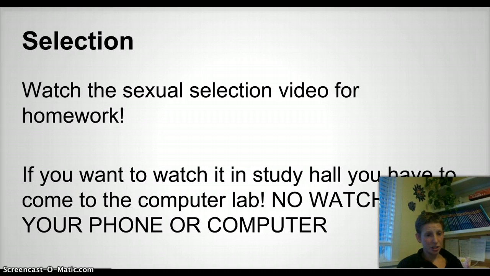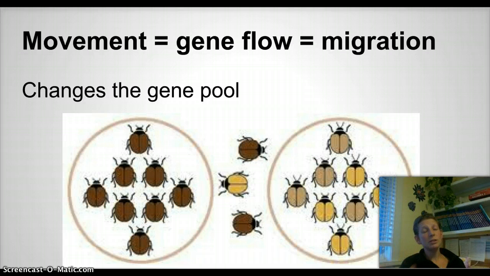And then selection. We talked about 3 things. We talked about natural selection, which is what happens naturally when organisms adapt to their environment, and then over time the individuals within an environment that are best suited for that environment have a better chance of passing on their genes to the next generation.